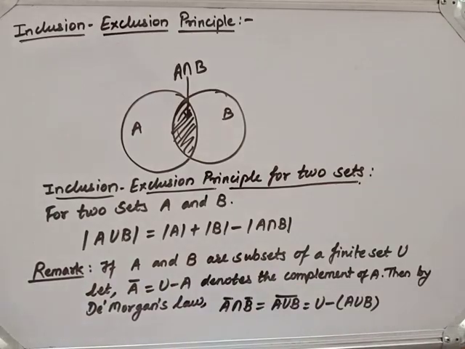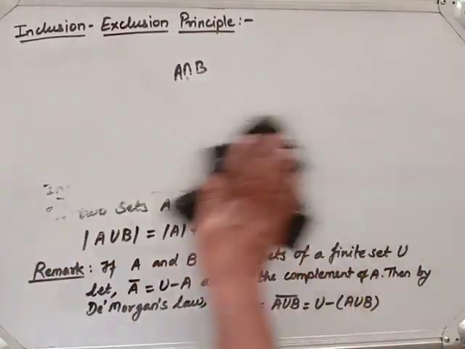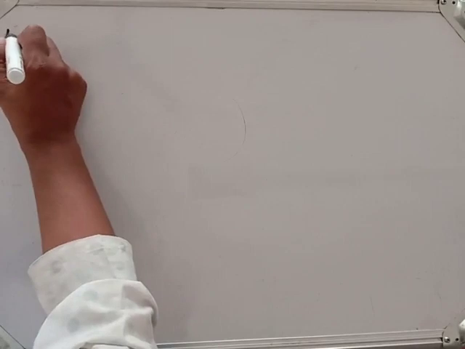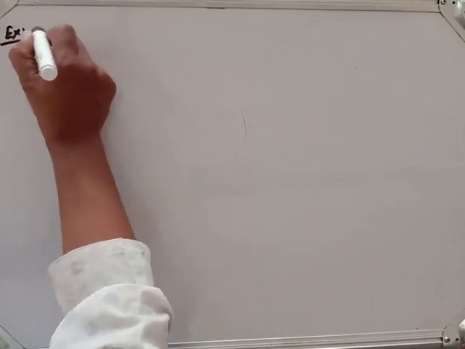Suppose the first example is this. In a group of 200 students, the total number of students is 200.